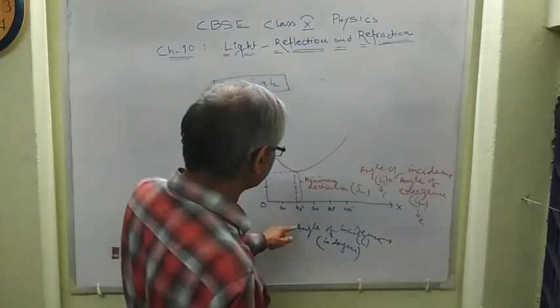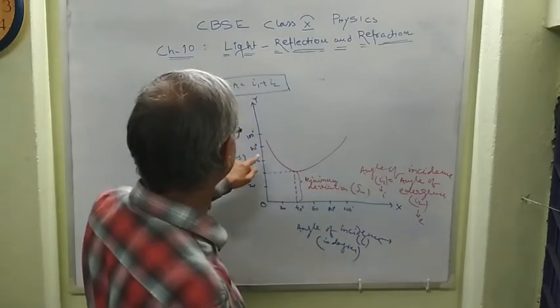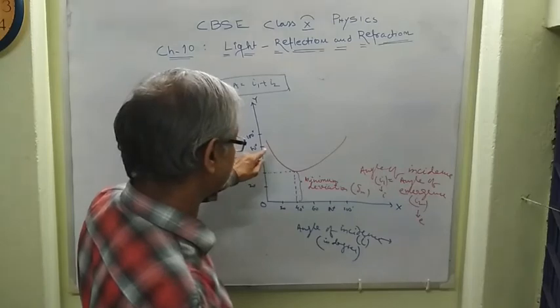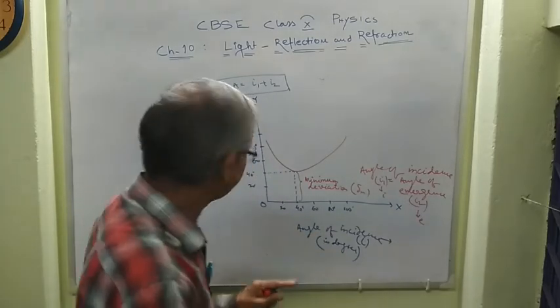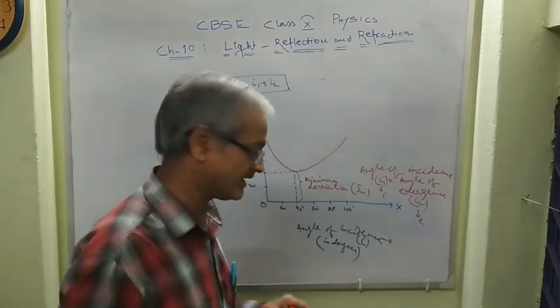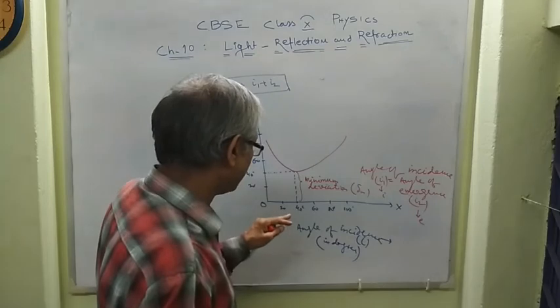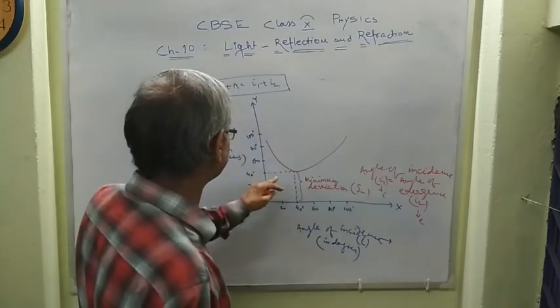At first, for a small angle of incidence, the angle of deviation will be high. If the angle of incidence increases gradually, then the angle of deviation decreases gradually. And then for a certain angle of incidence, the angle of deviation will be minimum.